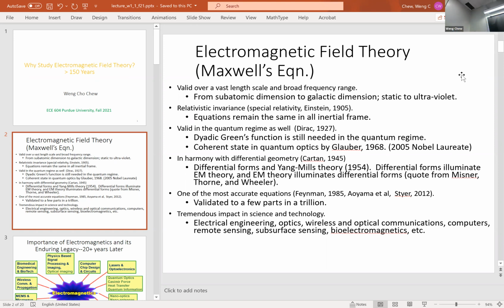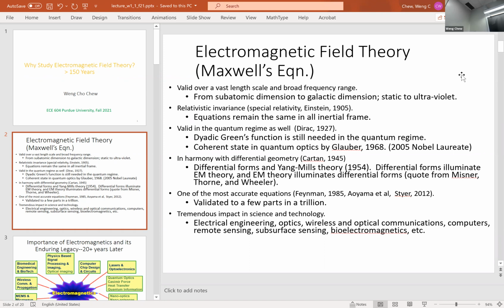Okay, so the second thing is that electromagnetic theory is relativistically invariant. That means it doesn't matter which inertial frame you're in. But if you have not studied relativity, that's not important. Okay. The third thing is that electromagnetic theory is valid in the quantum regime.